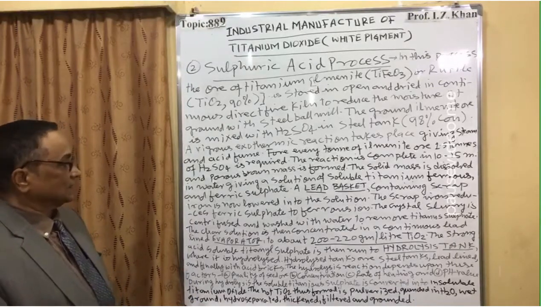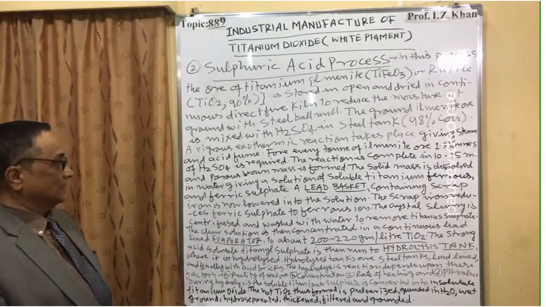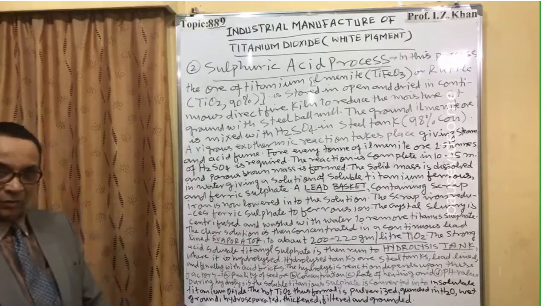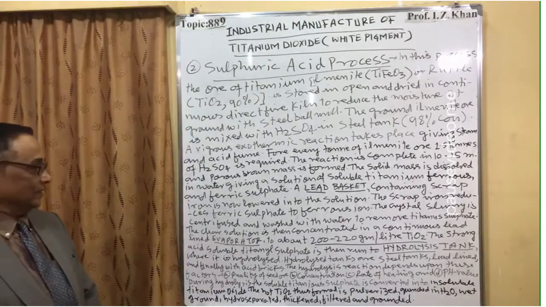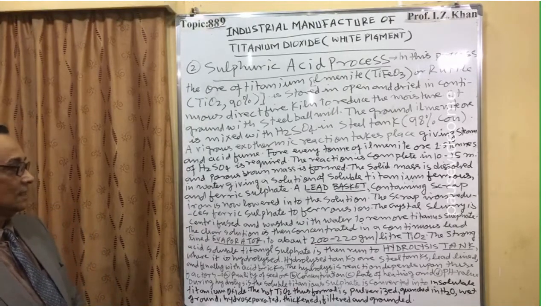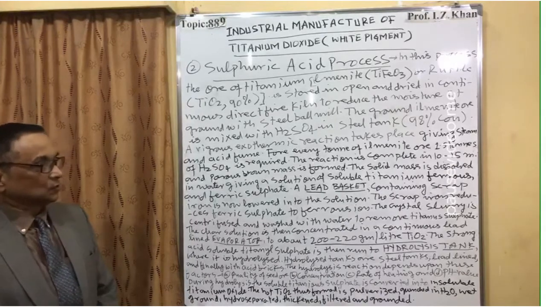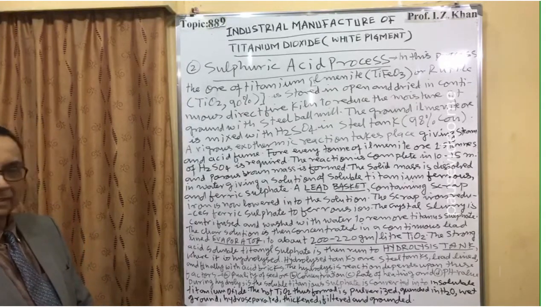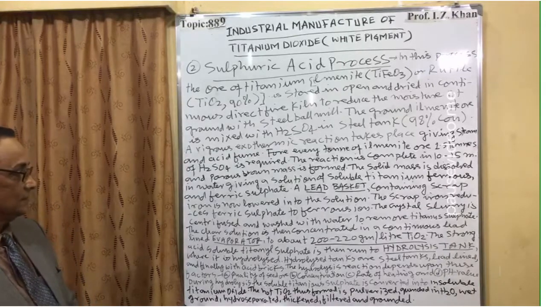A lead basket containing scrap iron is now lowered into the solution, and the scrap iron reduces the ferric sulfate to ferrous iron, and the crystal slurry is centrifuged and washed with water to remove the titanous sulfate, that is titanium sulfate.